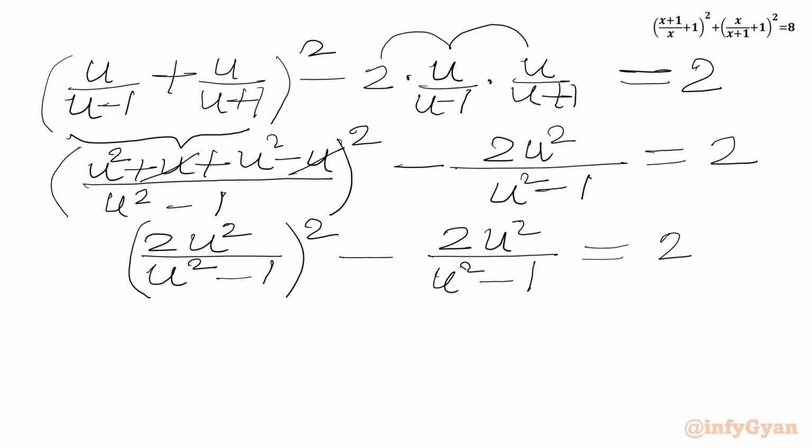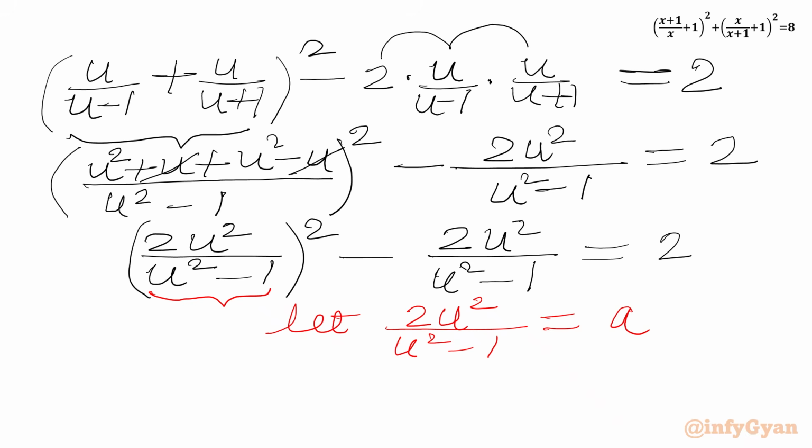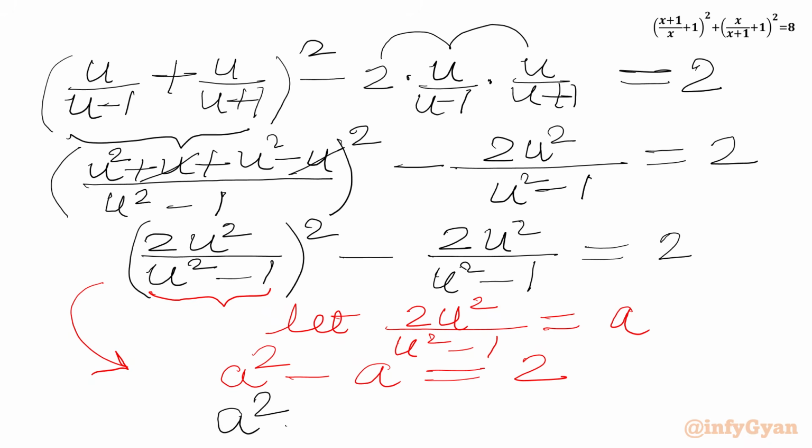Now we are going to use another substitution which is obvious. Let's say 2u square over (u square minus 1), suppose this is equal to a. So our equation will become a square minus a equal to 2. By writing all the terms to LHS, we will get equation a square minus a minus 2 equal to 0.